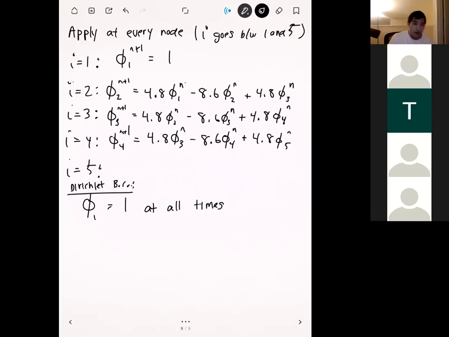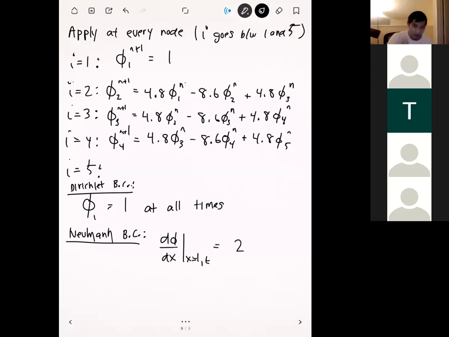Now let's talk about the Neumann boundary condition. The Neumann boundary condition looks like this: we have d phi dx at x equal to 1 and t equal to 2.